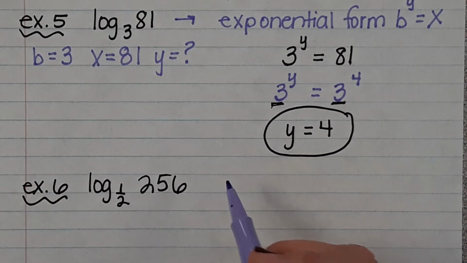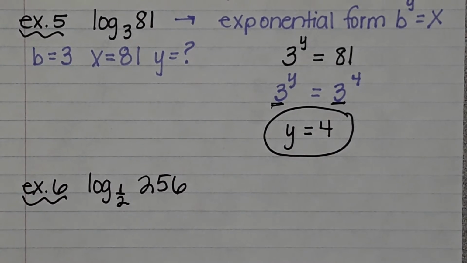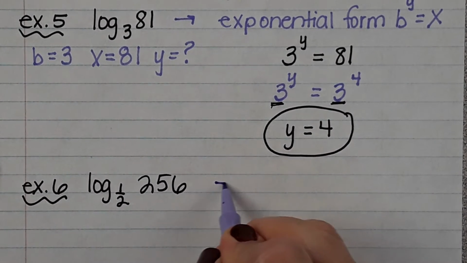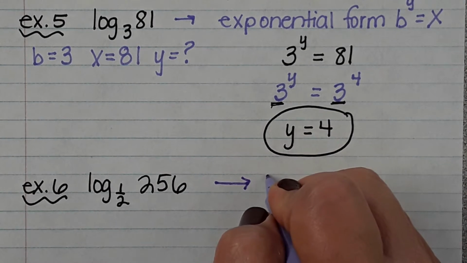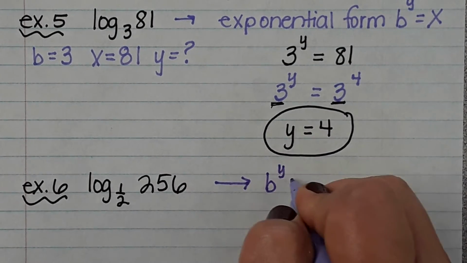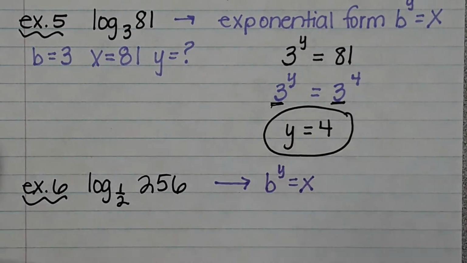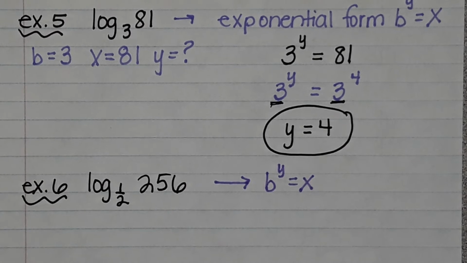Anytime you have a logarithmic function and it says evaluate, you know you're going to write it in exponential form, which is b to the y power equals x. So the first thing I'm going to ask you to do is define the 3 variables or the 3 letters that we have in the equation, okay?